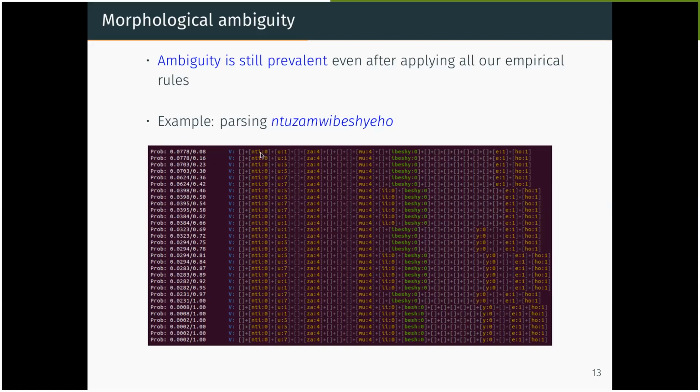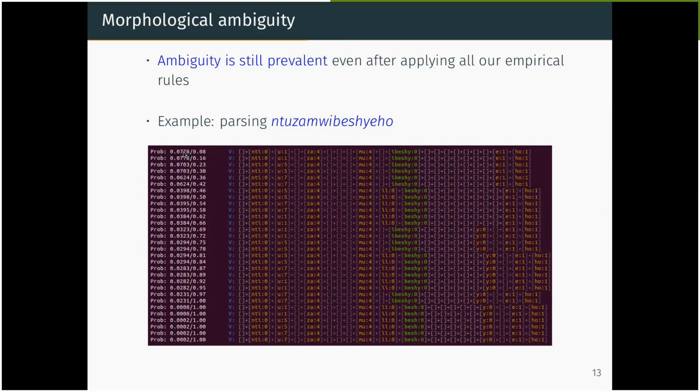So it means don't lie to yourself. You should never lie to yourself about someone. So this is the one that has high probability.